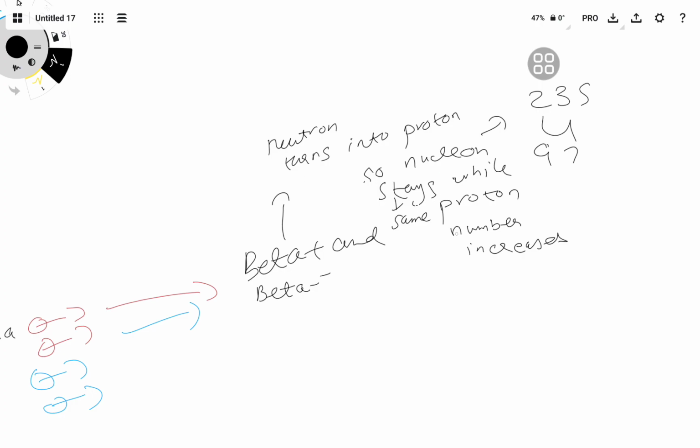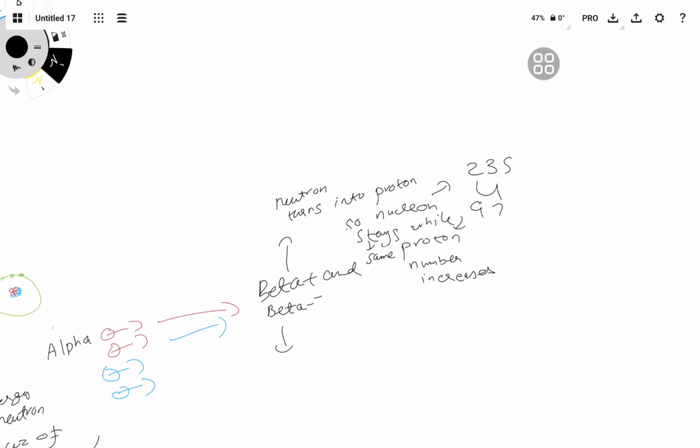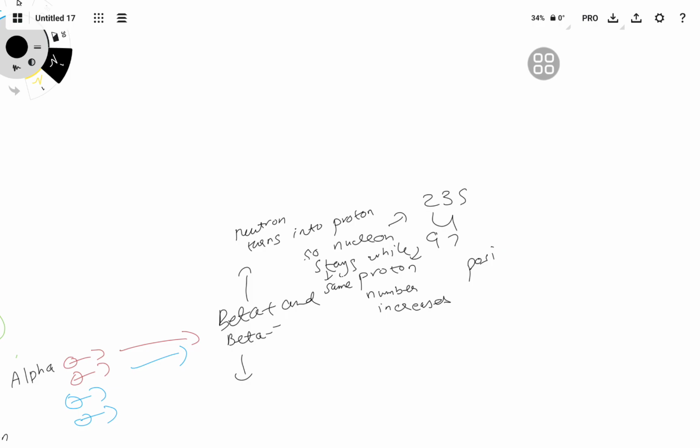The nucleon number stays the same while the proton number increases. Beta positive also releases a positron, which is basically an antiparticle, which we will discuss later.